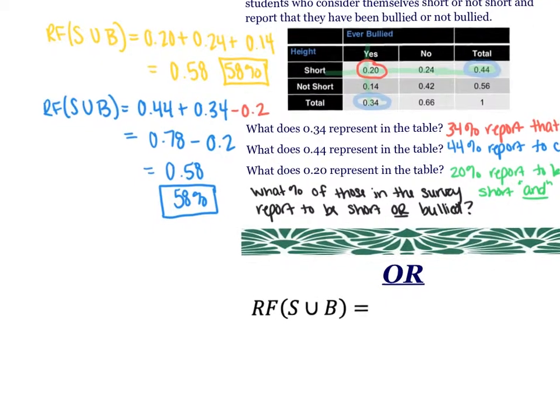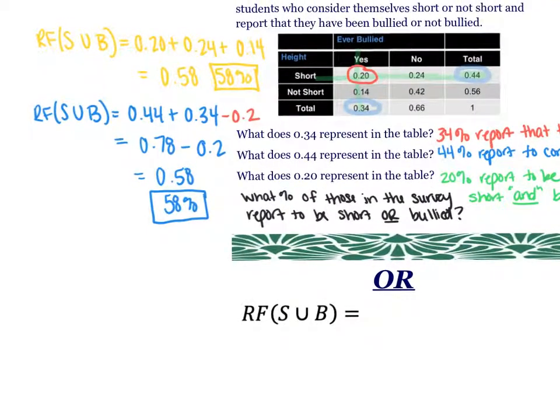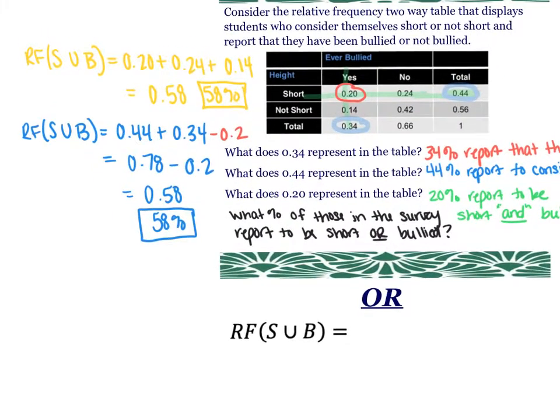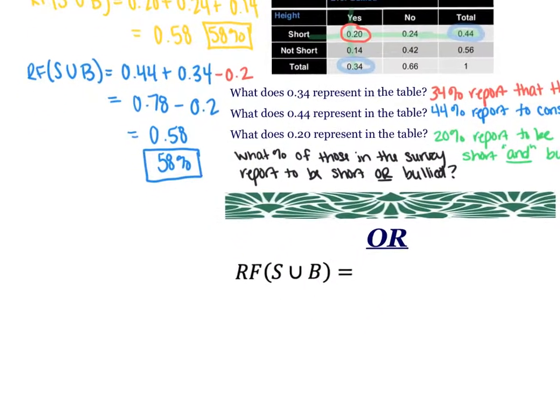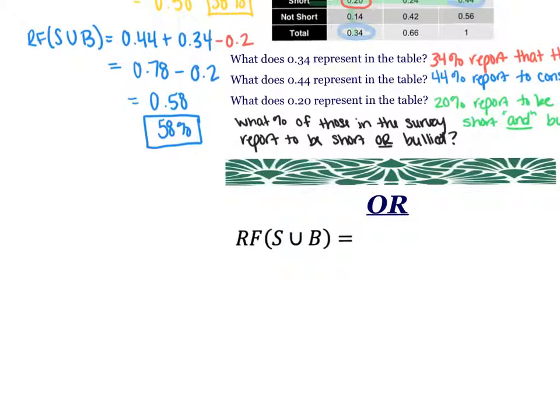Whenever you're looking at a formal statement or formula, it's usually that second method that we see, because a lot of times we don't have all of this information that this two-way relative frequency table has given us. Sometimes we only have the specific data that I need.